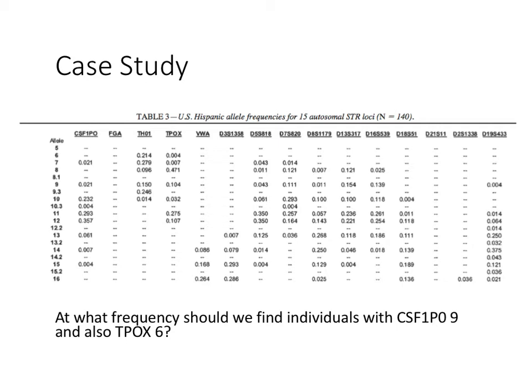So let's apply a little bit of this information. At what frequency would you find individuals with CSF1PO allele 9, circled in red, and TPOX 6, circled in blue?